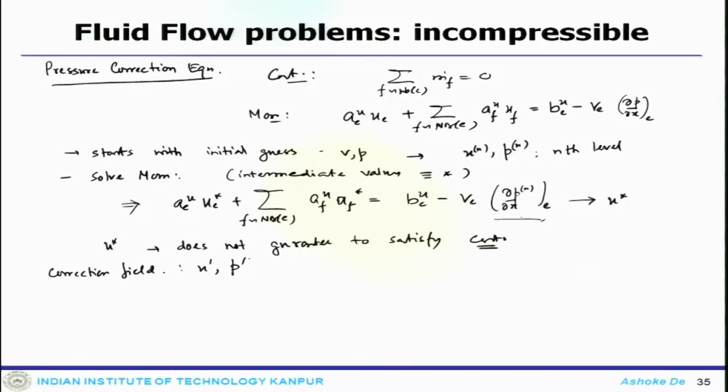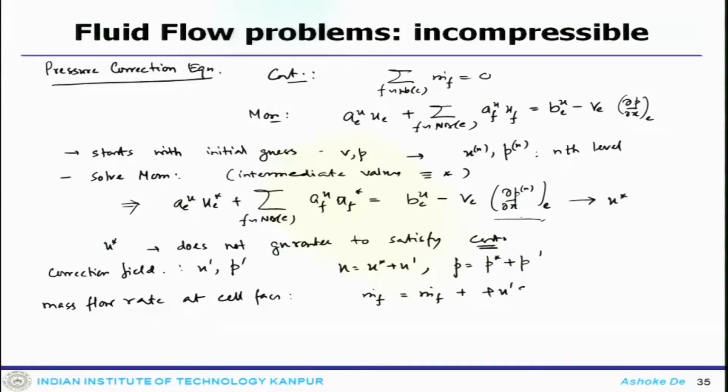Then my u becomes u star plus u prime, and p becomes p star plus p prime. Now, if you calculate the mass flow rate at cell faces, it will be corrected like m dot f equals m dot f star plus rho u prime Sf x, which is m dot f plus m dot f correction.